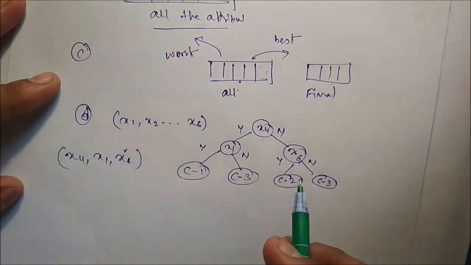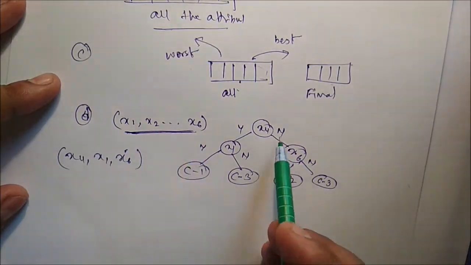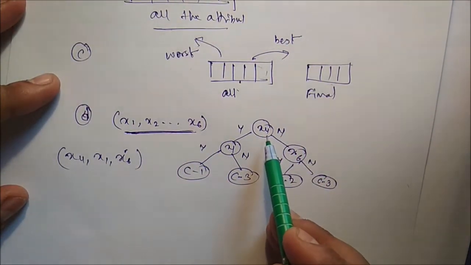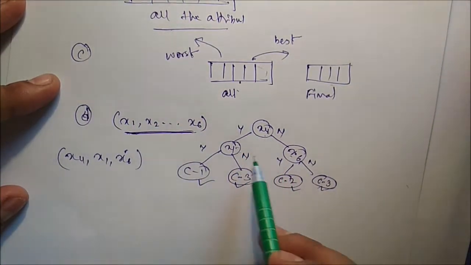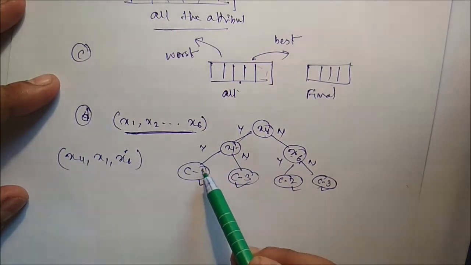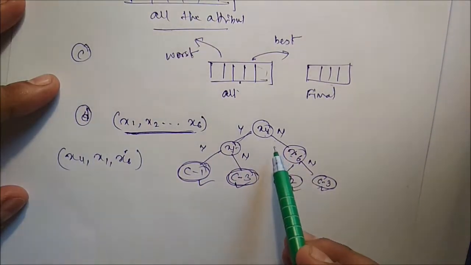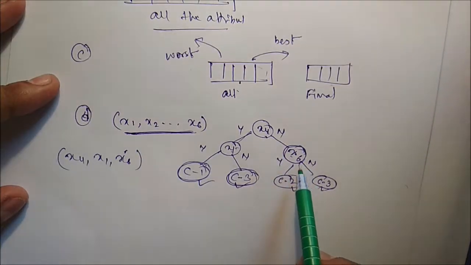We will see it in detail, but for the time being, suppose these are the attributes x1 to x6. From these attributes we can create a tree, called a decision tree. These are the class labels, and these are the attributes. If x4 is yes, go to this path. If x1 is yes, then class label 1. If x1 is no, then class label 3. Similarly, if x4 is no, go to this path and compare with x6.